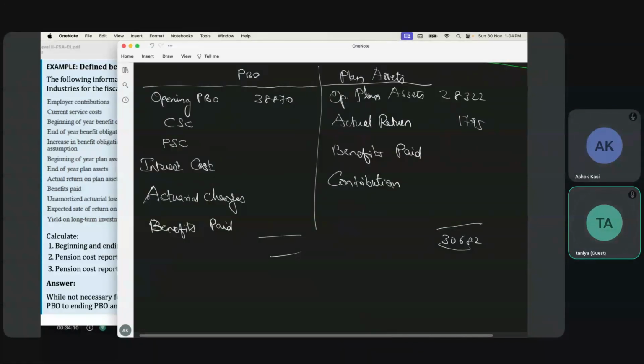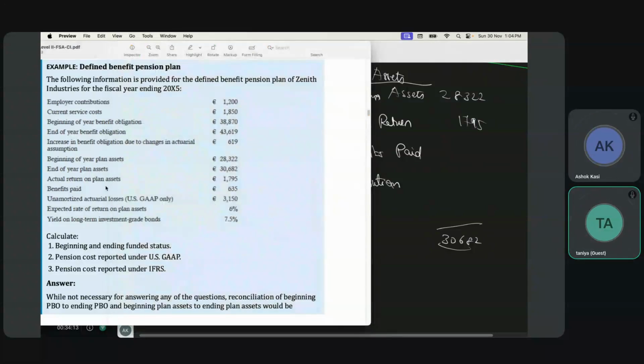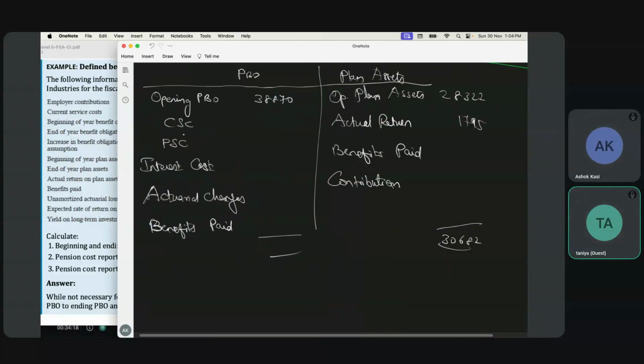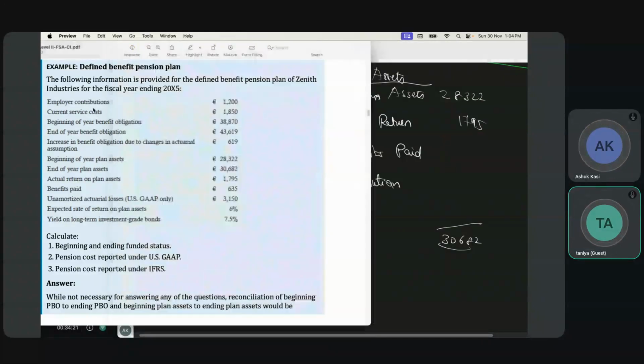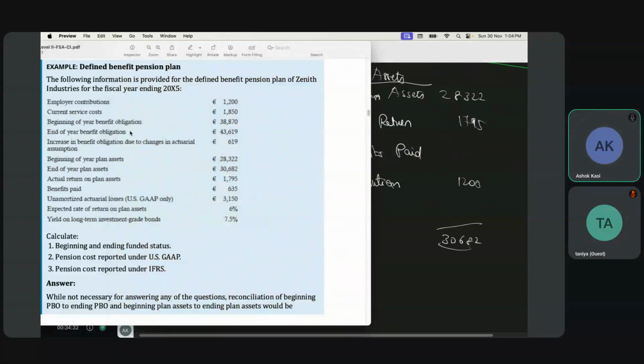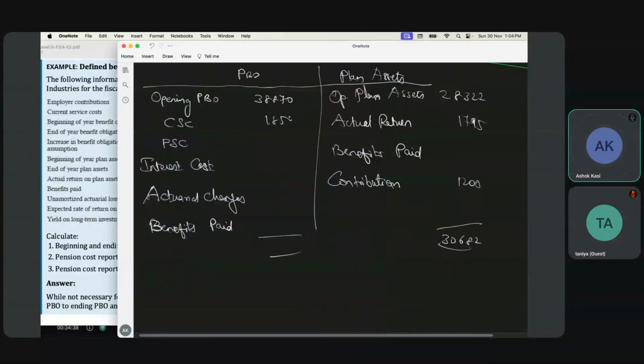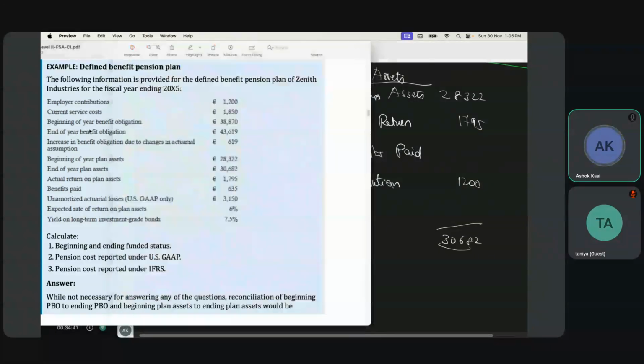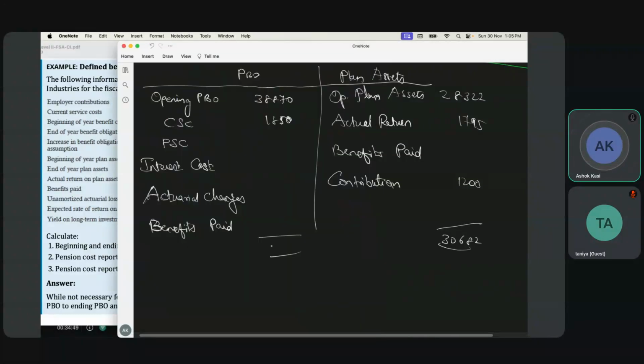They have given us the beginning of the year benefit obligation and the end of the year benefit obligation. So why are we calculating this? Some other missing number will be there. Employer contribution 1200. Current service cost 1850. End of the year obligation 43,619.